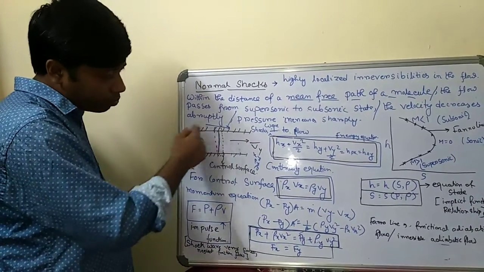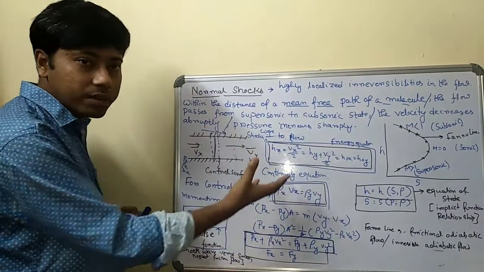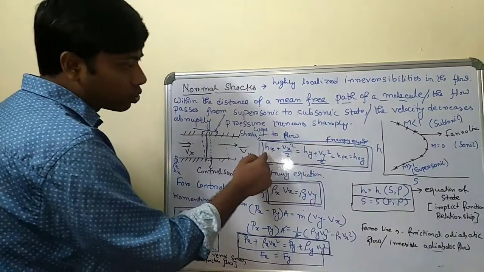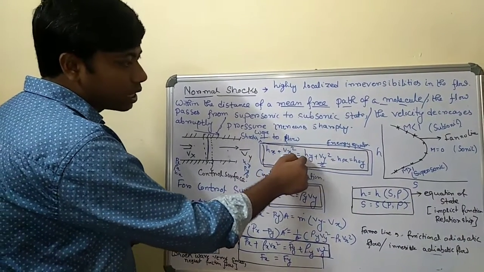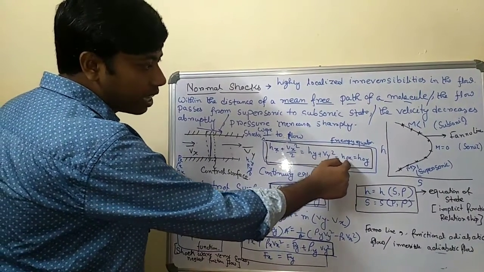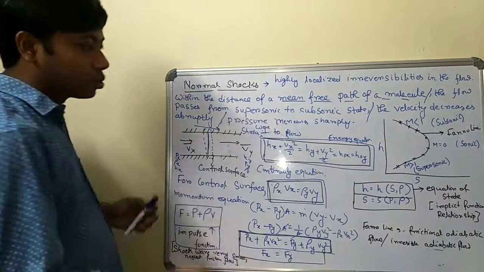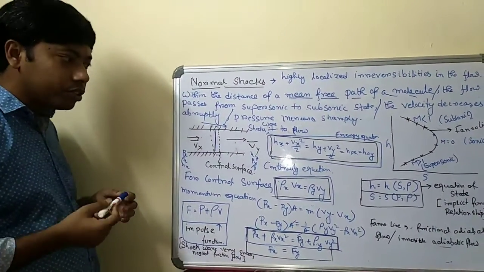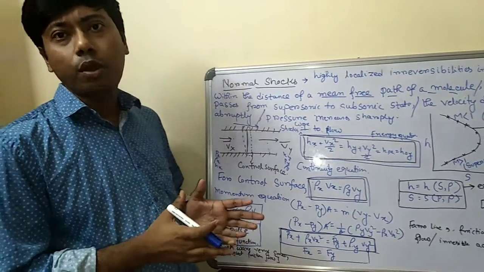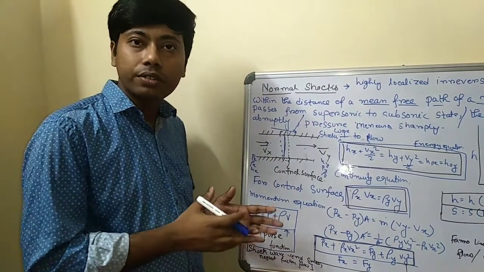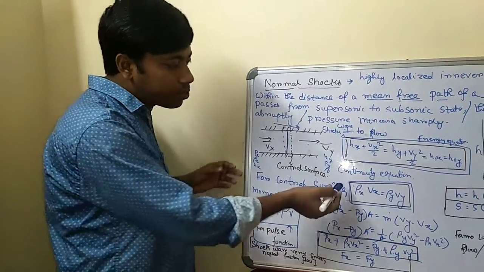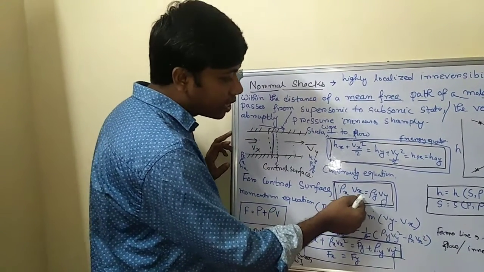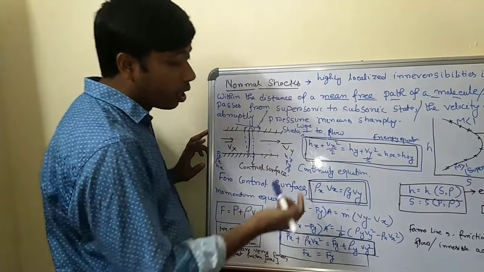So that's why, when you consider a thin shock wave, there is no heat transfer, and then we can get the steady flow energy equation: Hx plus Vx square by 2 is equal to Hy plus Vy square by 2 is equal to H0x, that will be H0y. Now if we apply the continuity equation, the mass flow rate in the upstream direction is equal to the mass flow rate in the downstream direction. So rho x into Vx is equal to rho y into Vy.